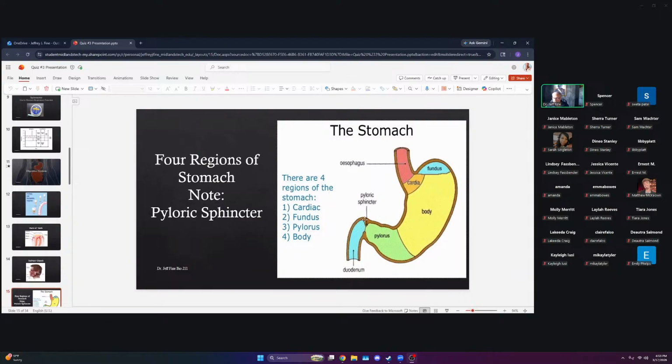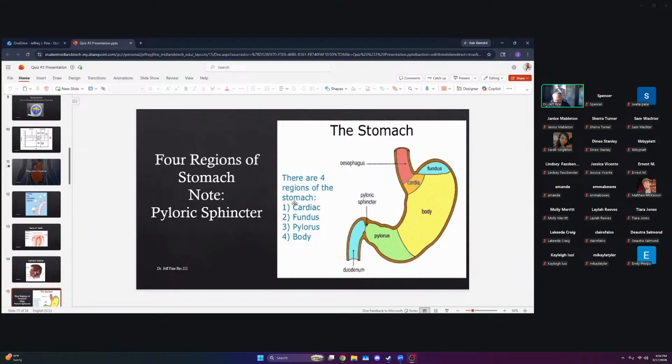Then the next sphincter that we're going to have, we had the cardiac sphincter right here by the cardiac region. We have the pyloric sphincter, which is that valve-like opening that's going to let the chyme at this point pass out of the stomach into the first segment of the small intestine. So the sphincters attached to the stomach are actually named after the region of the stomach that is the entry and exit point, the cardiac sphincter and then the pyloric sphincter.